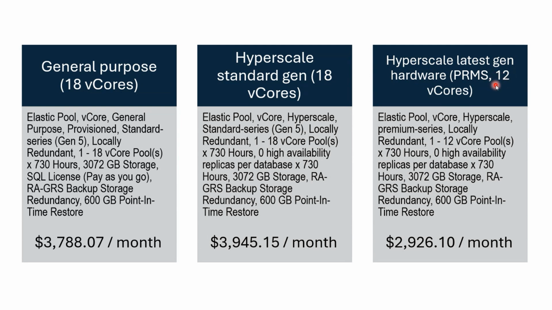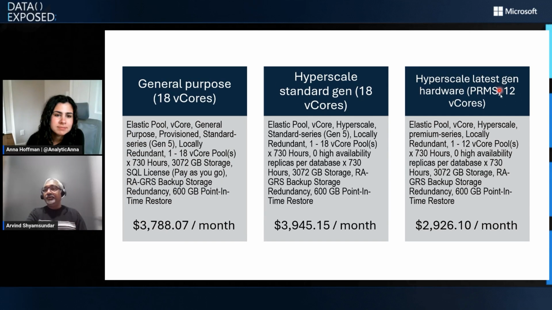The principle in hyperscale is because you can right size your compute and your storage independent of each other, and you can leverage newer hardware like these PRMS or premium series hardware. Let's say theoretically, this particular workload, you could optimize it to use fewer vCores. So if you look at the bottom line, let's say GP, in this case general purpose, costs us this much a month.